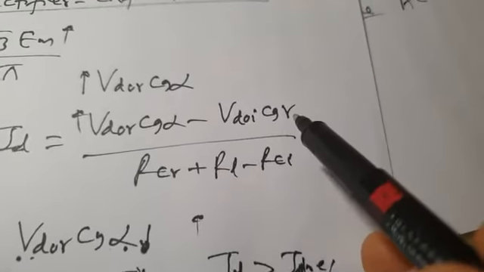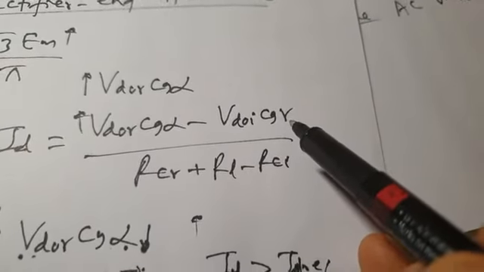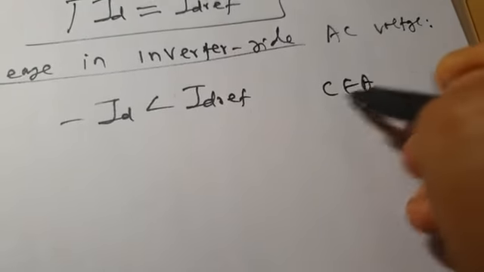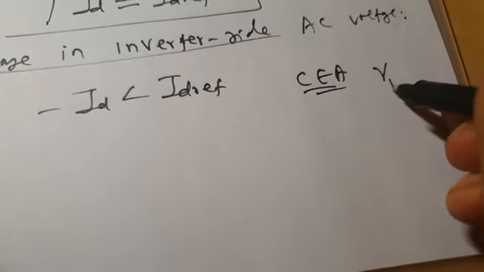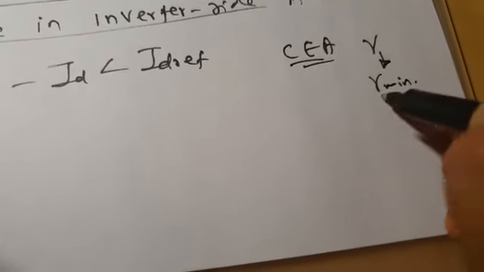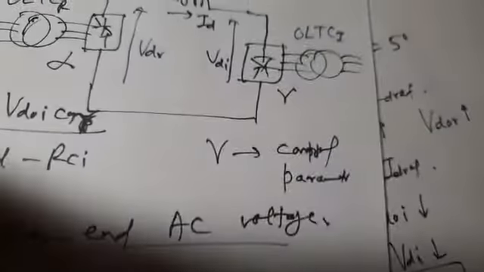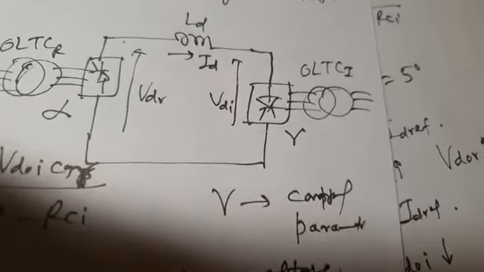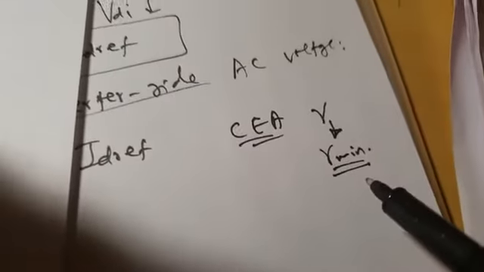But the problem is that gamma cannot be increased, or decreased either, because on the inverter side we have constant extinction angle control, CEA. Constant extinction angle control means gamma is always maintained at a constant value, gamma min. It is neither increased nor decreased. So therefore the possibility of increasing gamma is not possible. Gamma is always maintained at a constant value, that is gamma min.